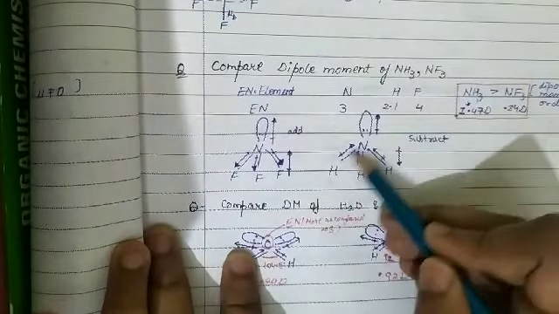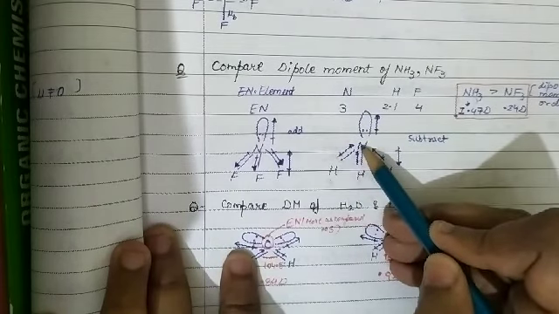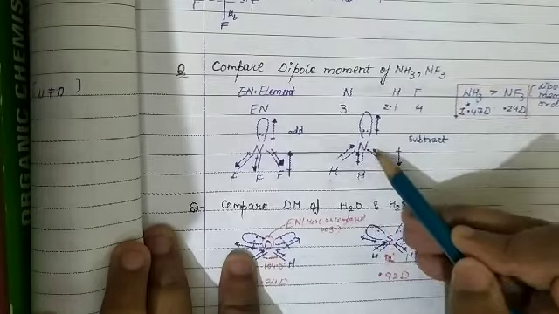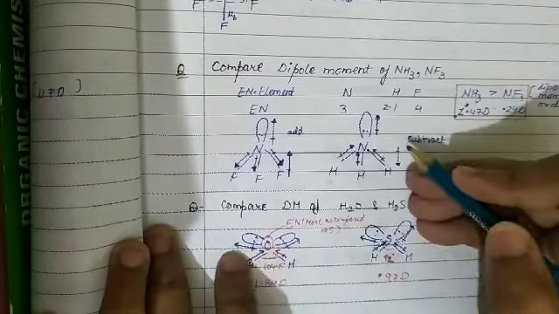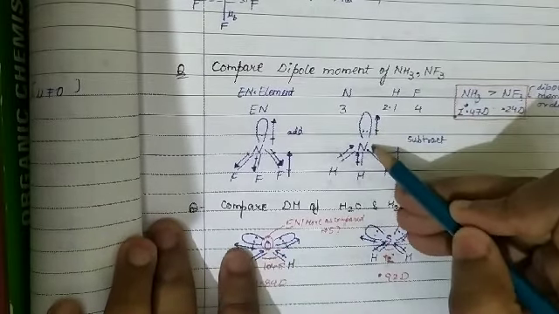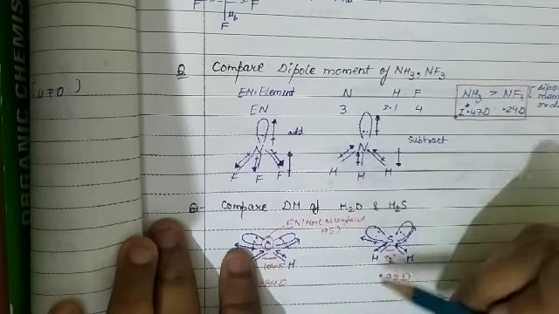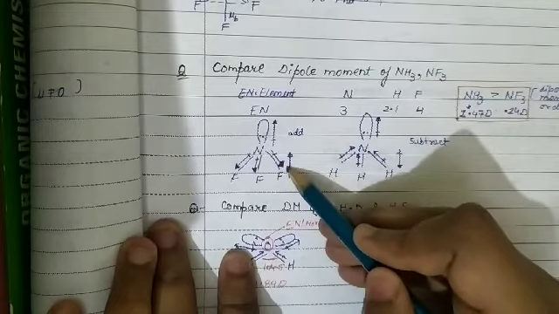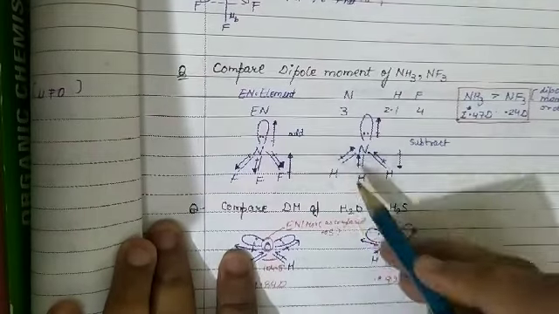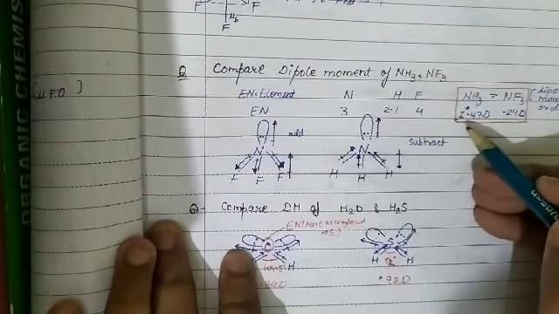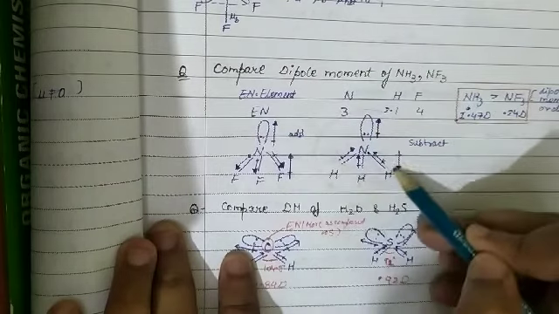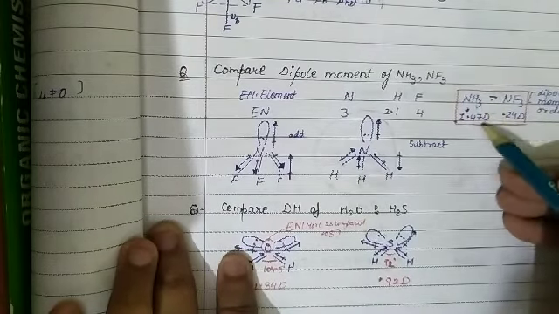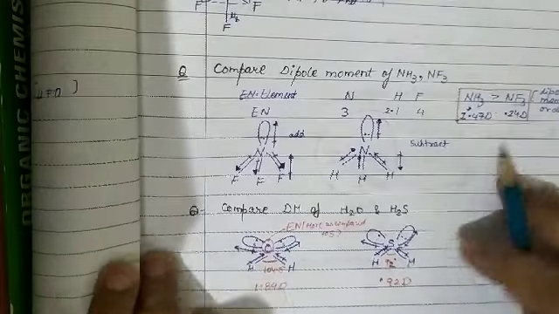Again, in NH3, nitrogen is more electronegative, direction from hydrogen to nitrogen, hydrogen to nitrogen, hydrogen to nitrogen. The direction of lone pair will be away from the atom. So in this case the four vectors are in same direction, and in NF3 three vectors are in same and one in opposite. So as four vectors are in same direction, net vector sum is more. Therefore dipole moment of NH3 is more than dipole moment of NF3.